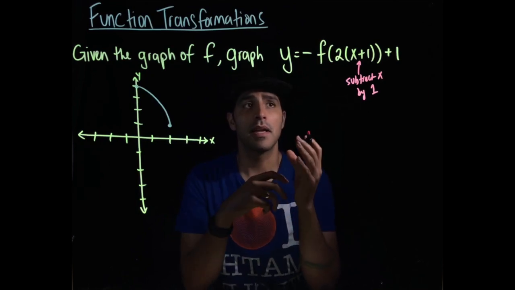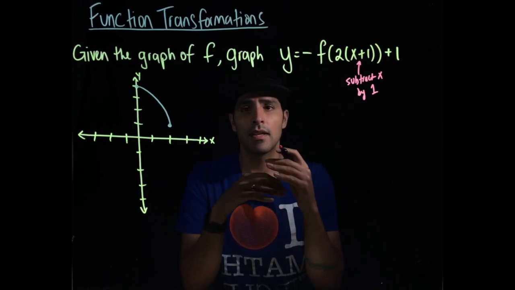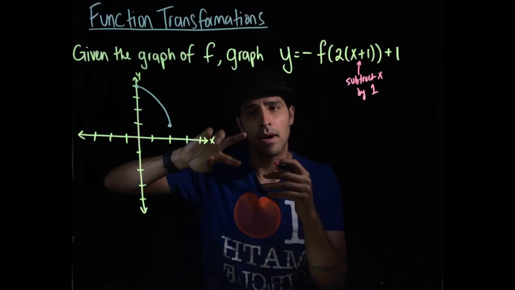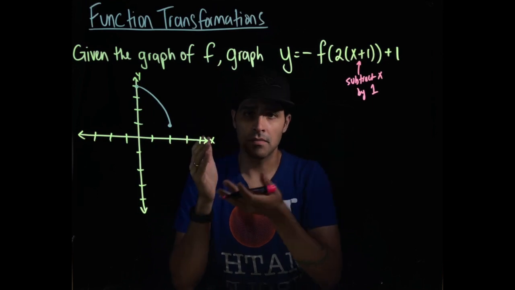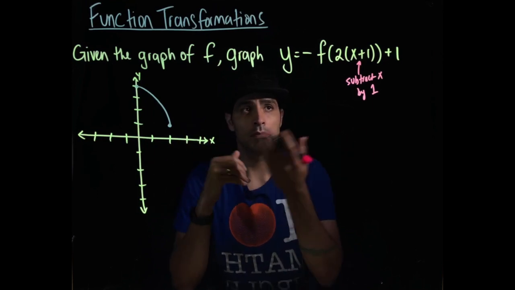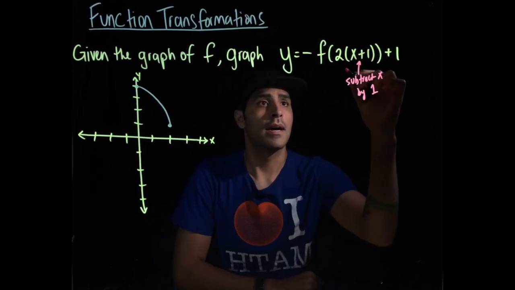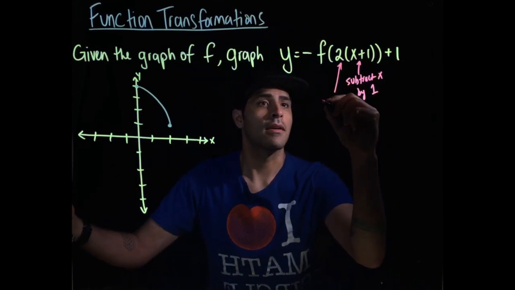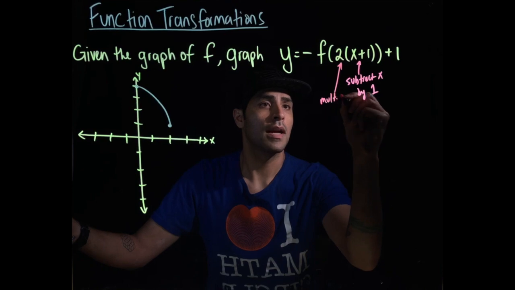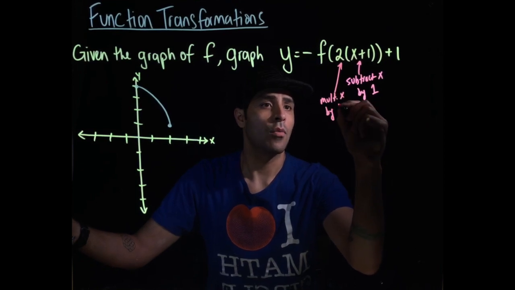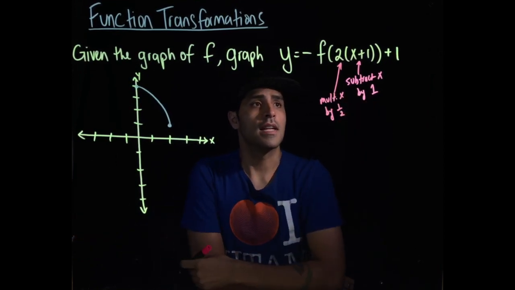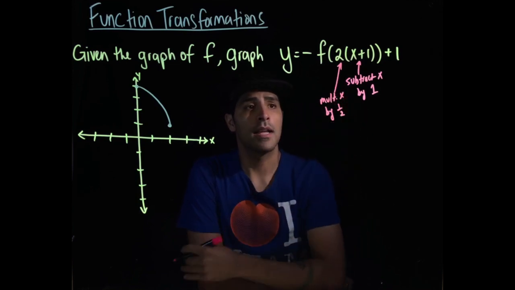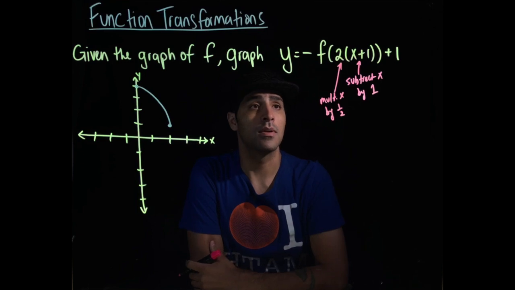So instead of multiplying by 2, you can think of it as either dividing x by 2 or multiplying x by 1/2, because dividing something by 2 is the equivalent of multiplying it by 1/2. So I'm going to write that we're going to multiply x by 1/2. Notice that I'm writing down which variable I'm affecting, and the operation that I'm going to be doing to it in a little bit.